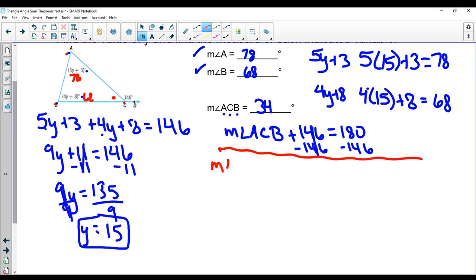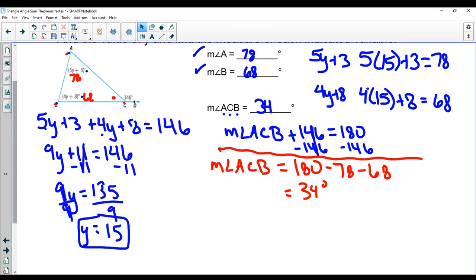So you could say the measure of angle ACB equals 180, subtract 78, subtract 68, those you just found. And that should give you 34 degrees again. All right. Either way is equally valid. I don't care which way you do it, just as long as you find it.